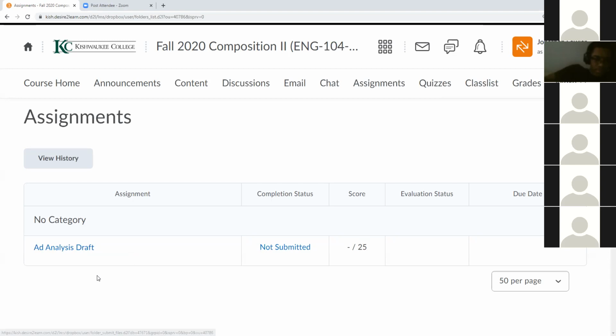But here, you should see a column that says assignments, and it has a blue hypertext link to add analysis. And then you should see a completion status and a score and an evaluation status. Under this column, evaluation status, you should see another hyperlink that says feedback on it.